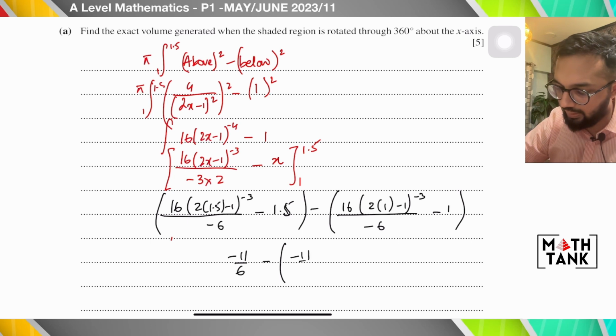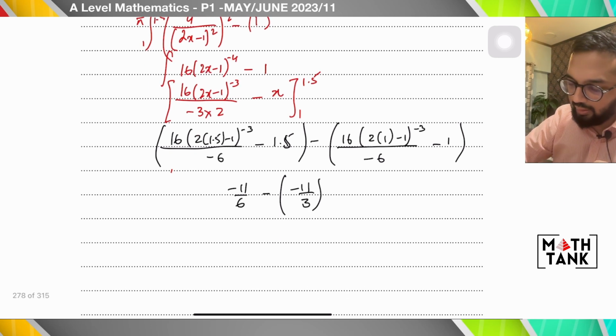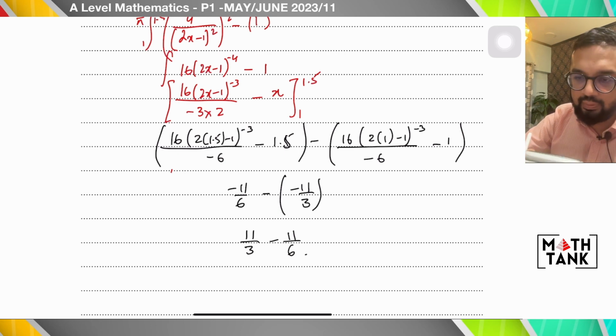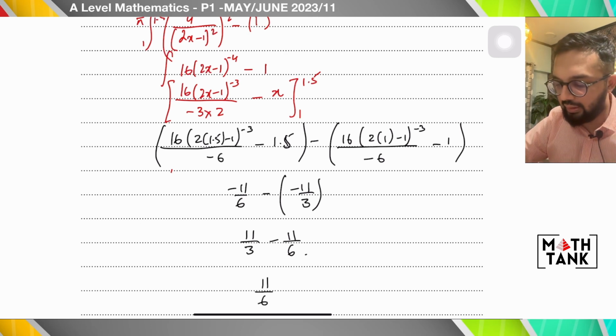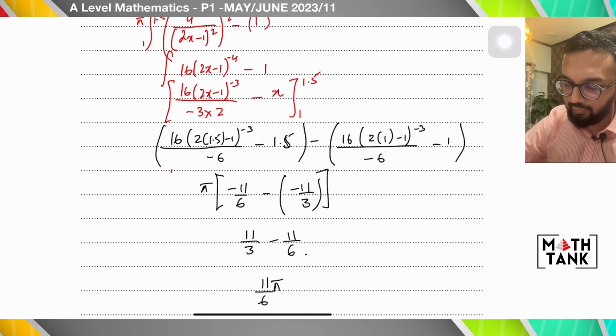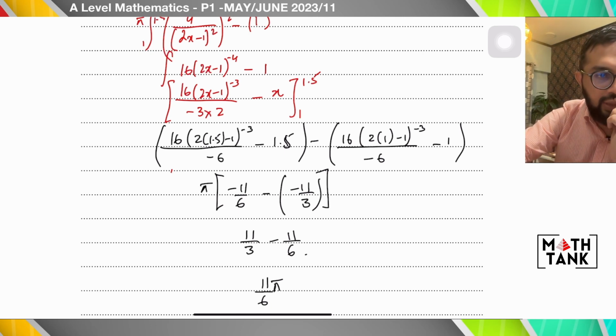That's coming out as minus 11 over 3. So 11 over 3 minus 11 over 6. So it's 11 over 6, and there's a pi outside, so that I get 11 pi over 6. Let's check if that is the correct answer. Yes, that is indeed the correct answer.